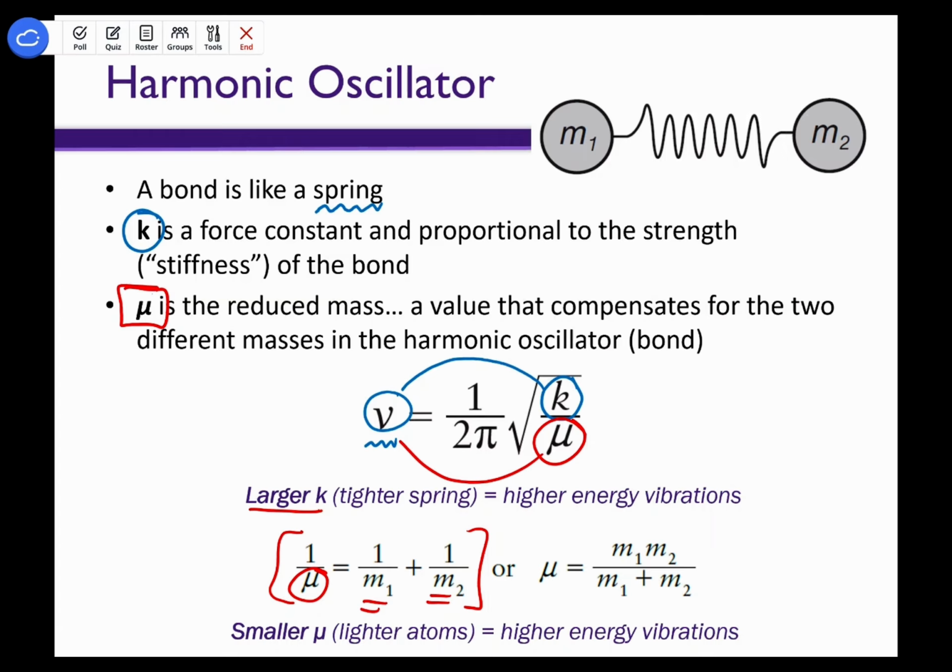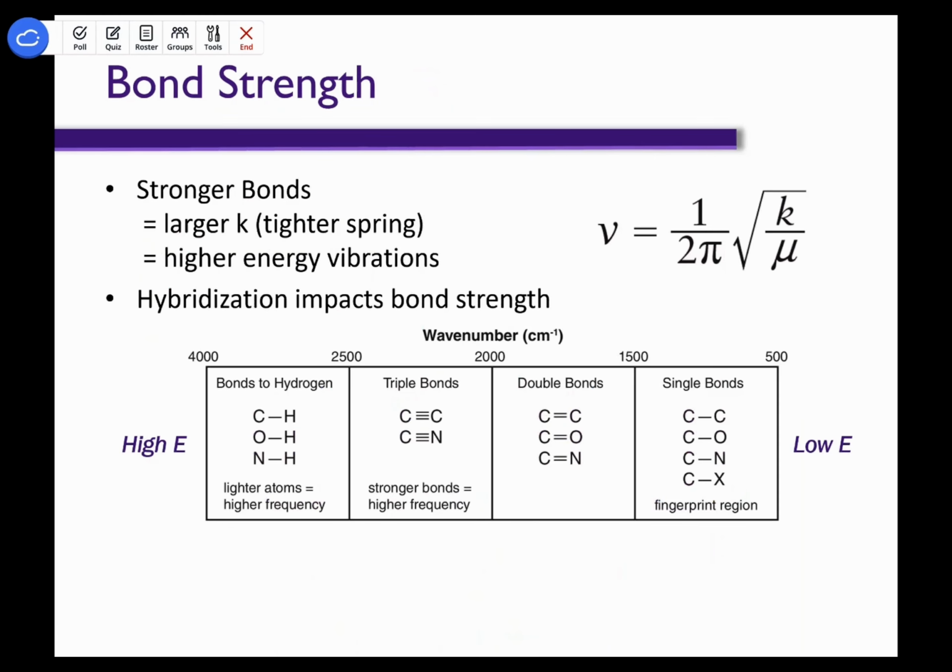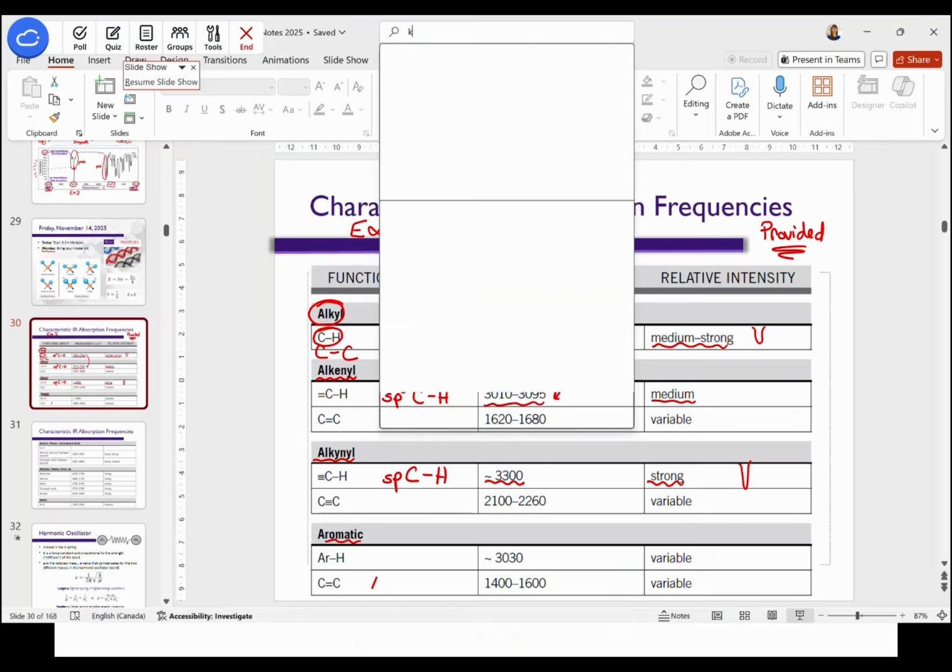So lighter atoms vibrate at higher frequencies, higher energies, meaning they absorb that higher energy IR light at higher wave numbers. It all makes sense. It's beautiful. Okay, so let's continue on with that formula.